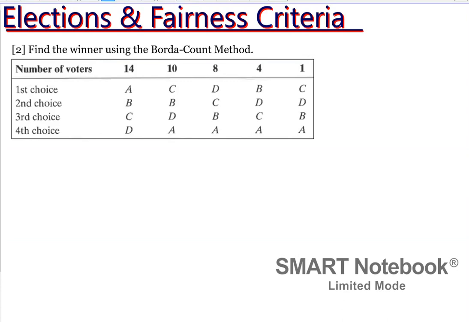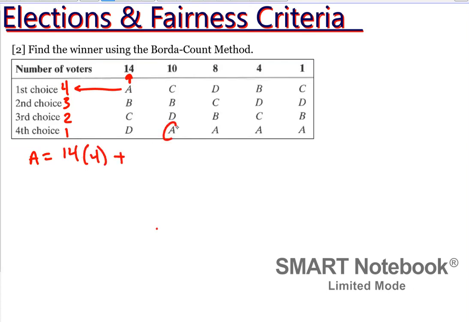So in this second example, we're using the Borda count method. The Borda count method sets up a point system. So last place is worth 1 point, third place is worth 2 points, second place is worth 3 points per vote, and first place is worth 4 points per vote. So if we were to do this, we would say that A has 14 times 4 votes.